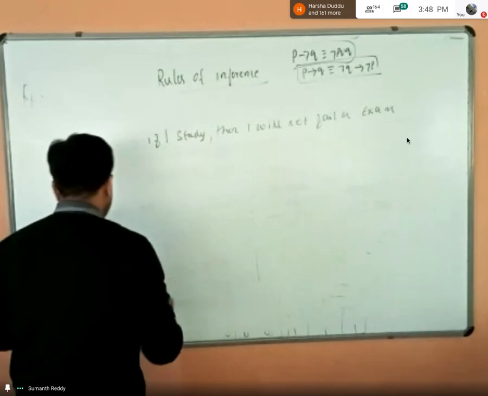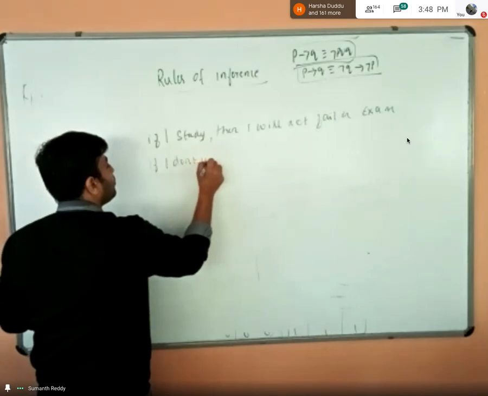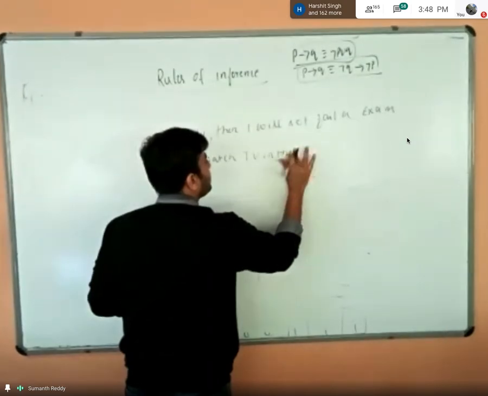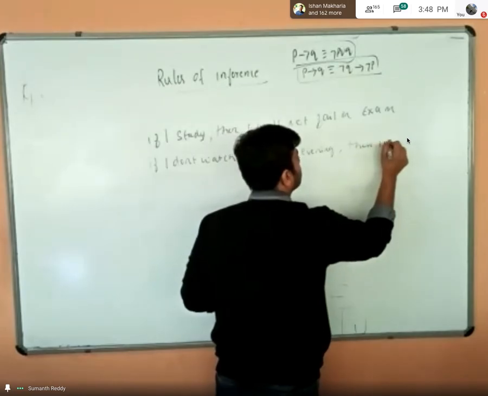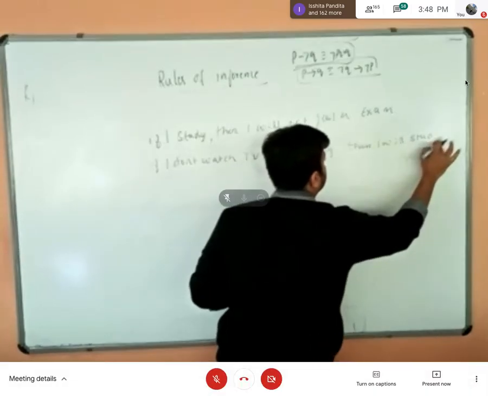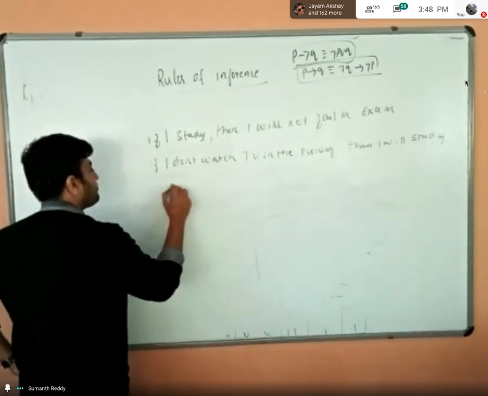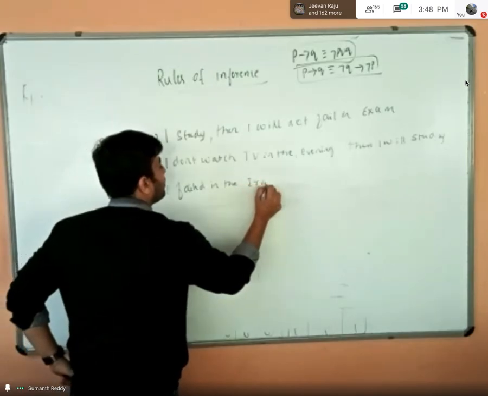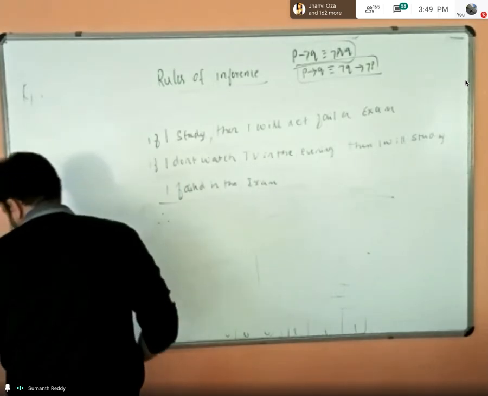The second premise is, if I don't watch TV in the evening, then I will study. And the third premise tells that I failed in the exam. And the conclusion is, therefore, I must have watched TV in the evening.